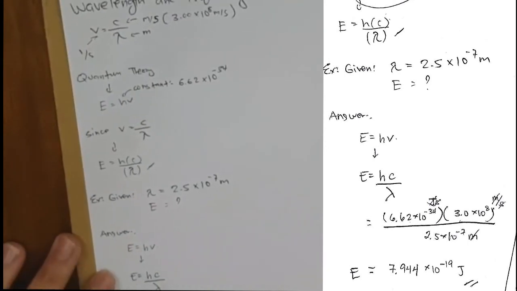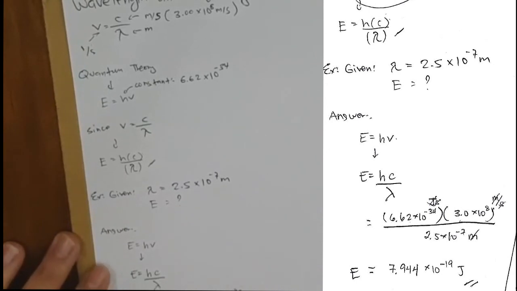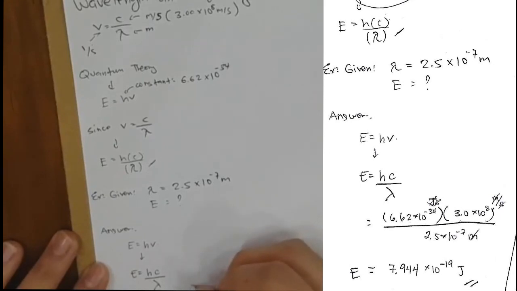So here, we just simply multiply and divide it, and the answer you should get should be 7.944 times 10 to the negative 19 joules. And for the units, joule second, meters per second, and meters, simply cancel out all your units.